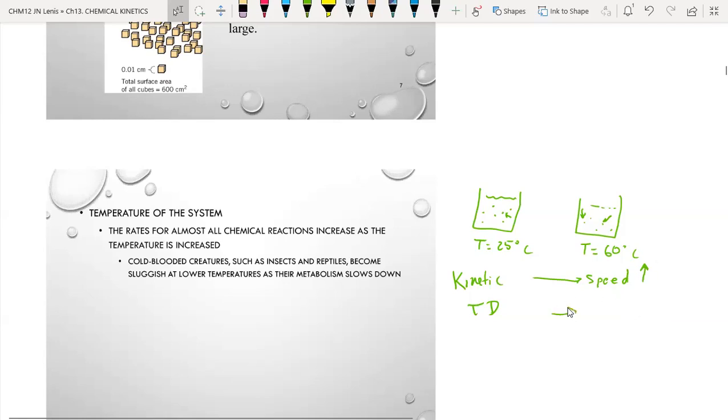Interesting question. Will the reaction occur when you increase temperature? Sometimes increasing temperature favors the kinetics, but not the thermodynamics. You will see that later when we study thermodynamics.